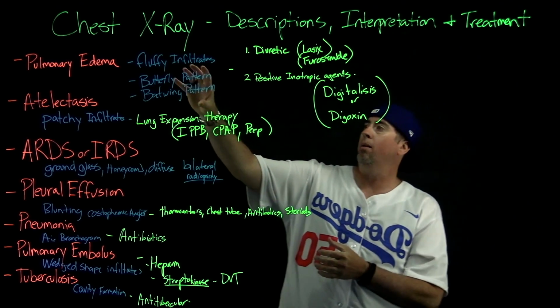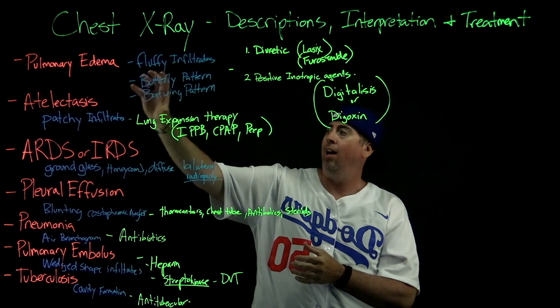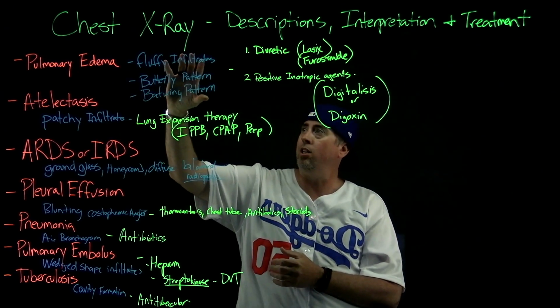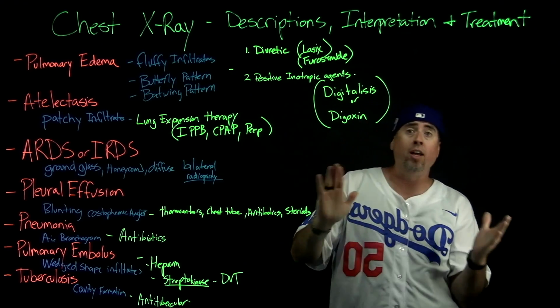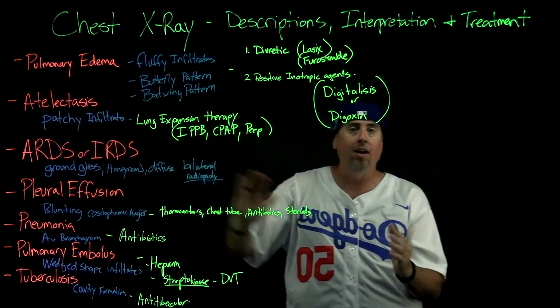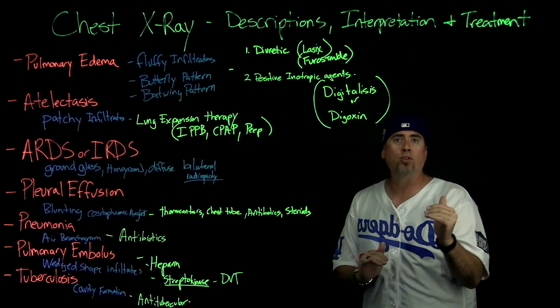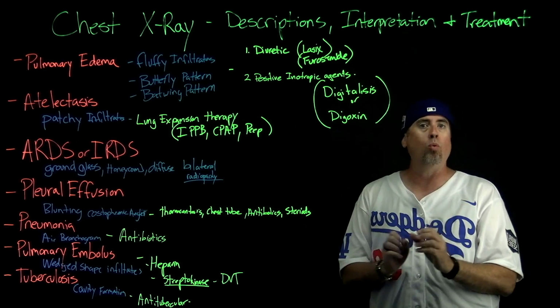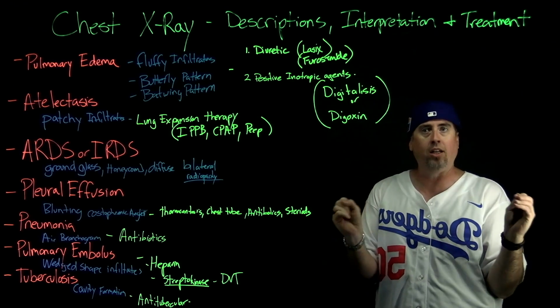So look at the blue here and identify these are things that are going to tell the pink what this says. If we get fluffy infiltrates, we know, you see it right here, pulmonary edema. Very easy. If we can dial those in, you should be able to zero right in to where they're leading you. What disease pathology are they getting to, right?